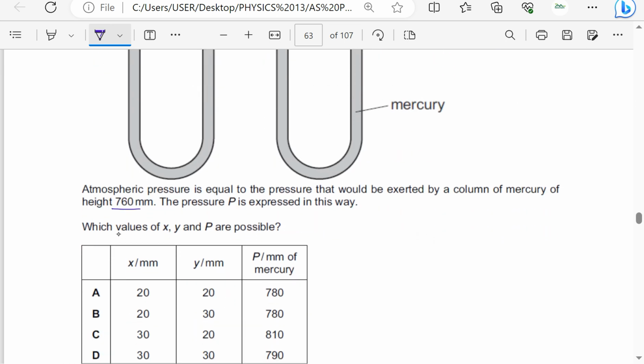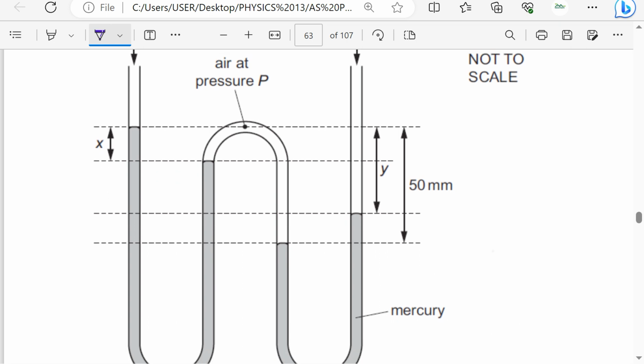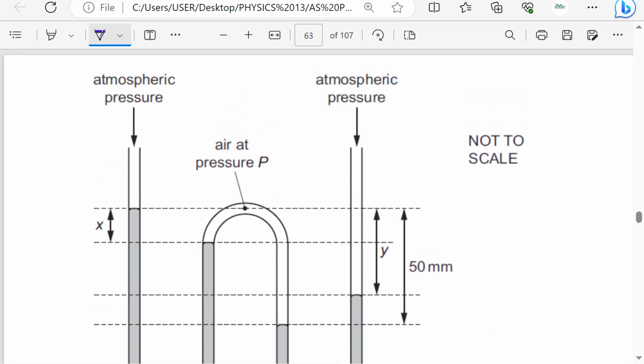Which values of X, Y, and P are possible? On the left-hand side, we notice that the height of the liquid on this side is above. That means the pressure P is going to be greater than the pressure on the left-hand side.